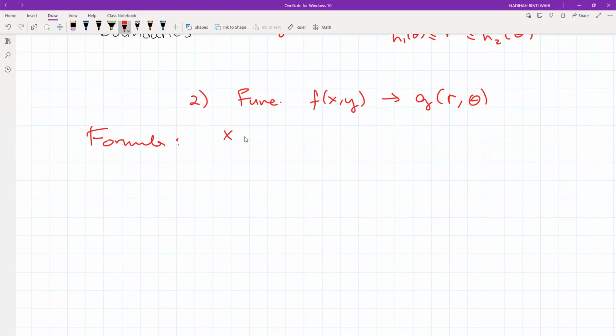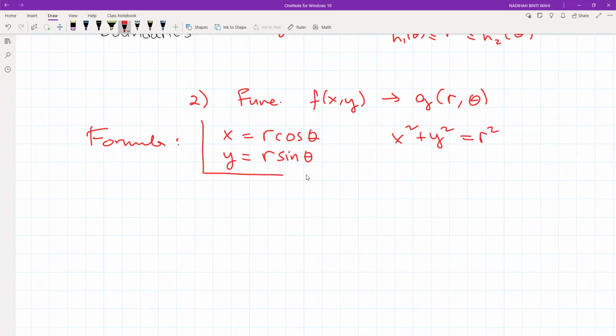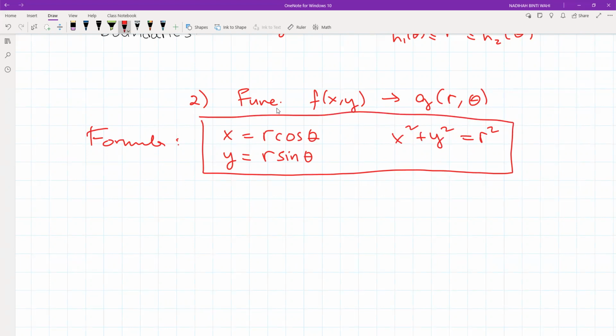Okay, so use this formula. Always remember that x equals r cosine theta, y equals r sine theta, and then x squared plus y squared equals r squared. So this basic three formula is the only thing that play in this double integral over polar region. Dia tak lari, cuma ada twist sedikit saja.